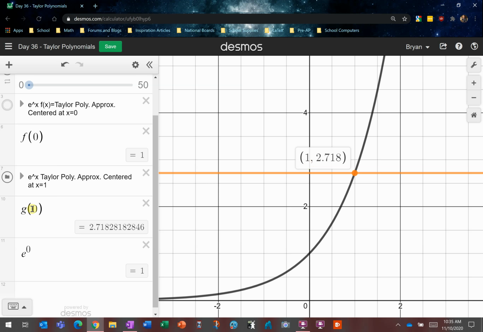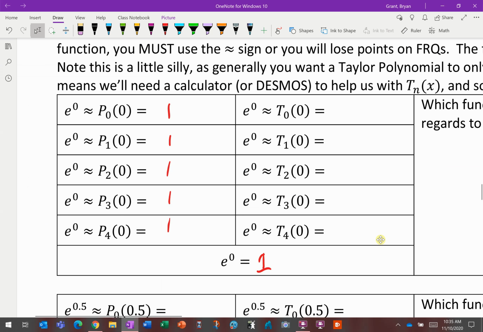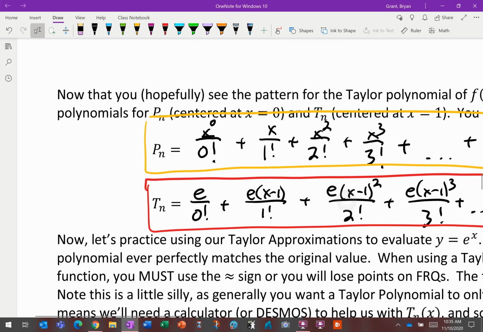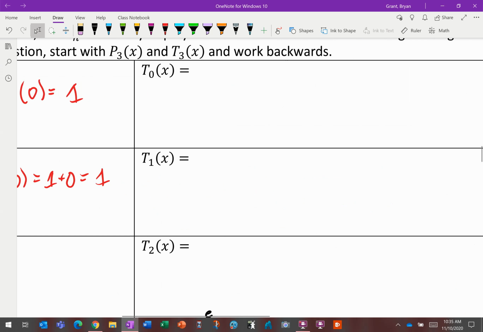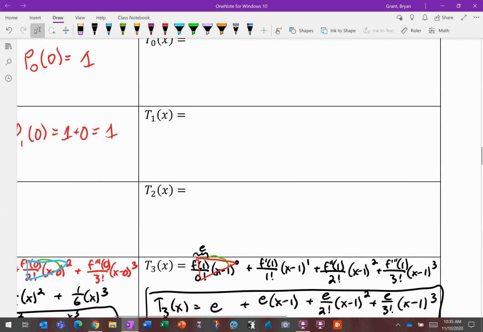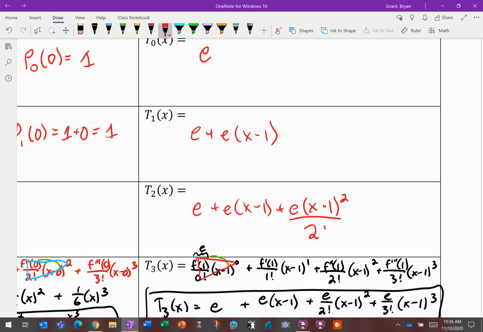So, if I wanted to evaluate e to the 0th using the Taylor polynomial at 1, jumping back to this page over here, I apparently did not go back and write all these in, so that was silly. Let's do that right now. This is e plus e to the x minus 1, and this is e plus e to the x minus 1 plus e to the x minus 1 squared divided by 2 factorial.